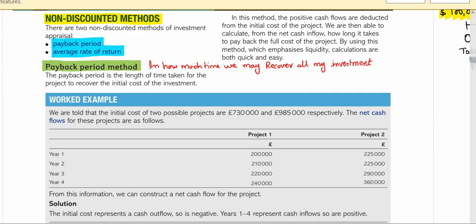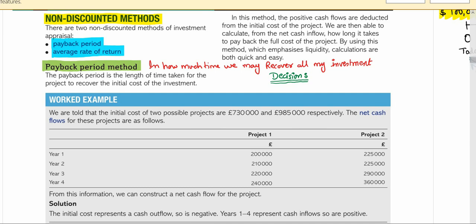And the decision in this regard: is higher the better, or lower the better? Payback period, higher the better, lower the better? Yes, lower the better. The earlier we recover our investment, the more worthwhile the investment is.